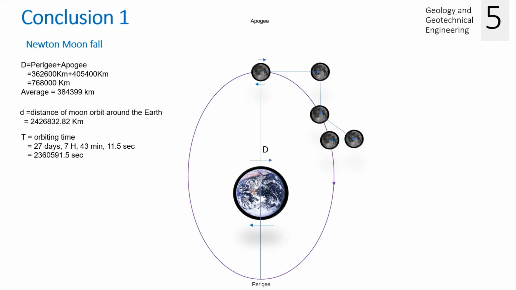At Newton's time, he didn't have this huge technology we have today, and he used the number 29 to calculate the orbiting time he needed in his calculation.